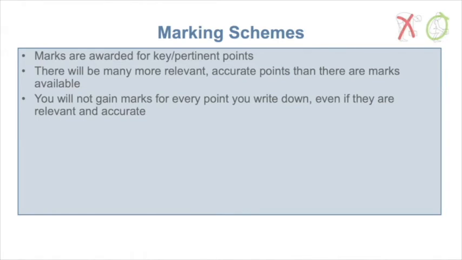And then, you will not gain marks for every point you write down, even if they are relevant and accurate. That's because the senior examiner has the final say, and they dictate how many marks are available for a question. So there can be an example where you put a really good answer down, which is absolutely correct, however it's not on the marking scheme. That will be because the senior examiner believes the other marks they've put down on the marking scheme are obviously relevant and correct, and just more relevant than that great answer you've put down.